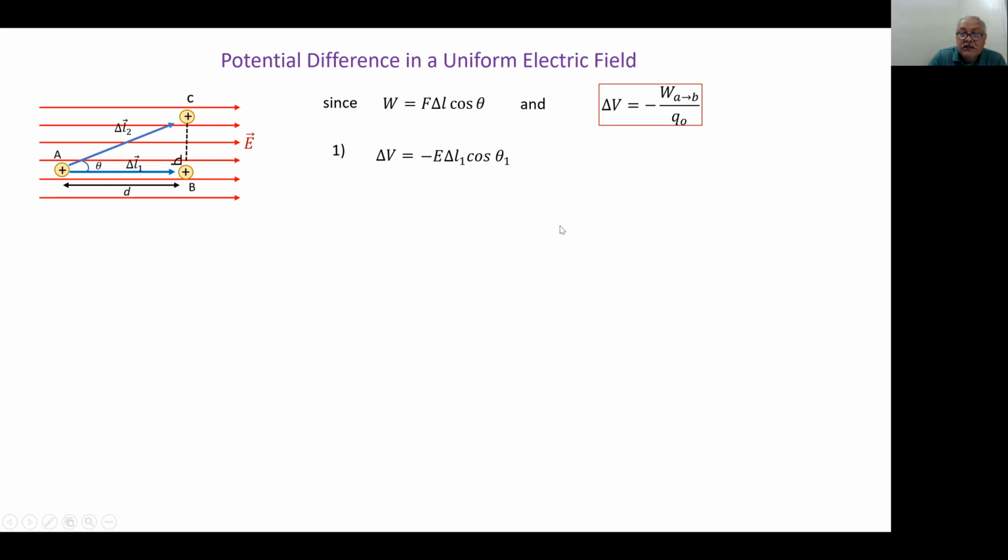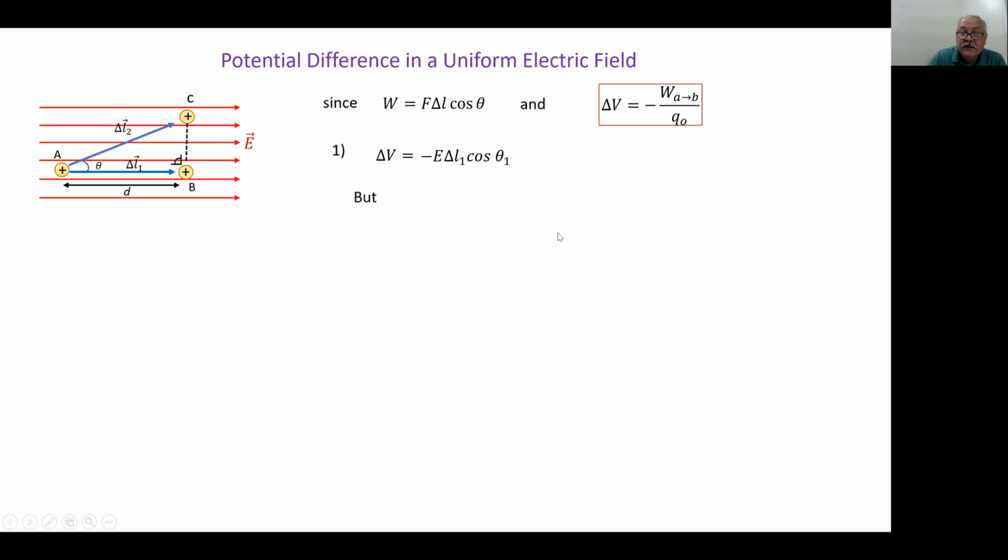In this case, going from A to B, the angle between the displacement vector and the electric field is 0 because these two are parallel. Delta L1 and the electric field are parallel, so cosine 0 is 1. I mean, this angle is the angle between E and delta L. In this case it is 0, and cosine 0 is 1.